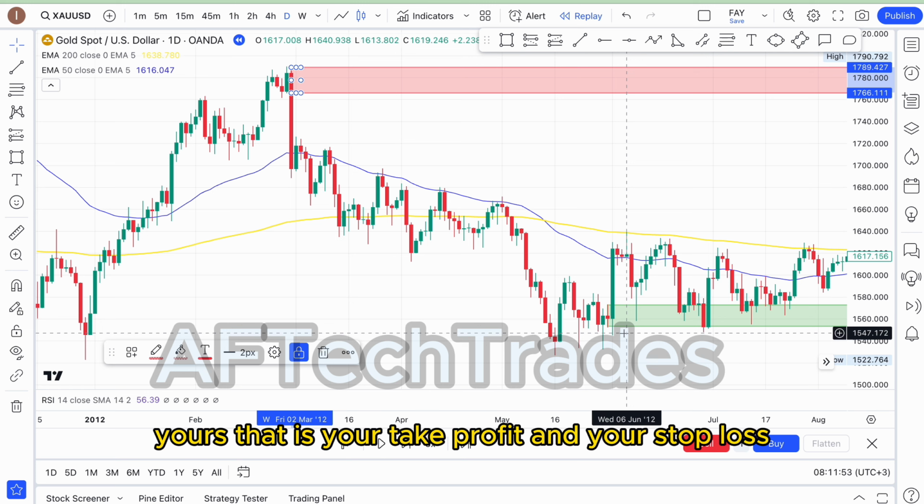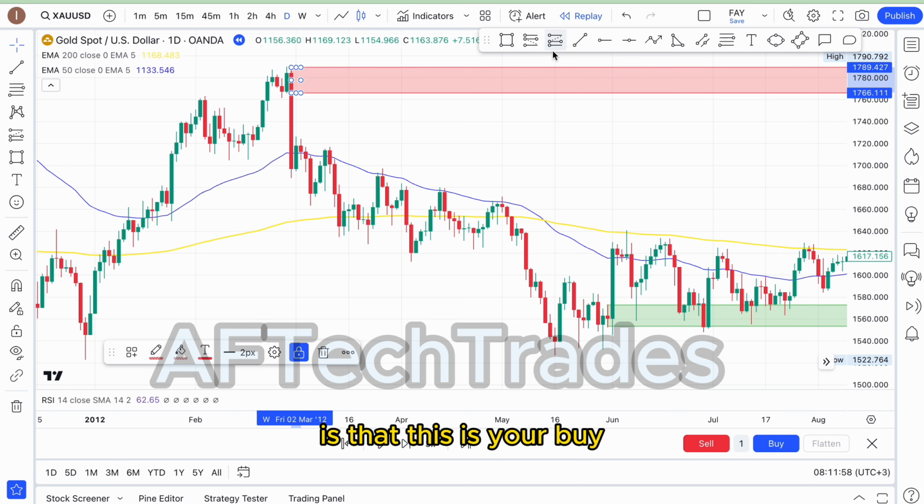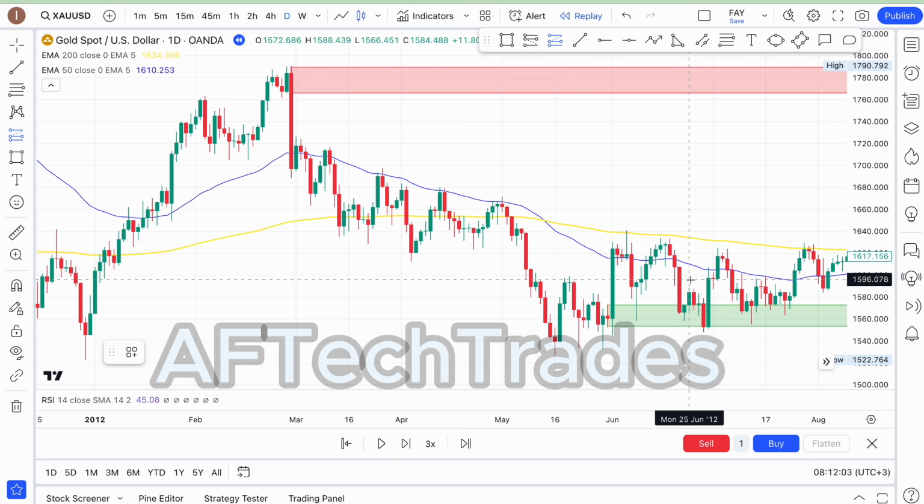This is your buy. At this point, if I had gone to the lower time frame and calculated my entry point, for example, I decide to enter the market here, your stop loss will be below this region.